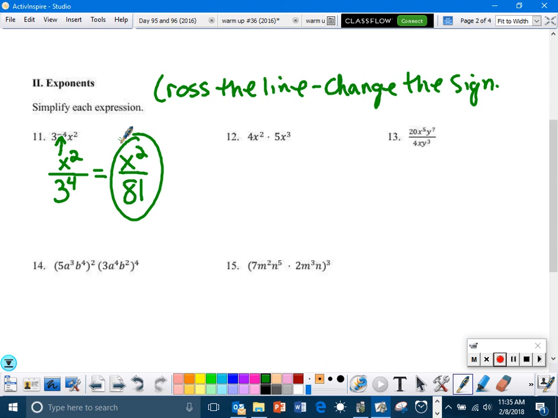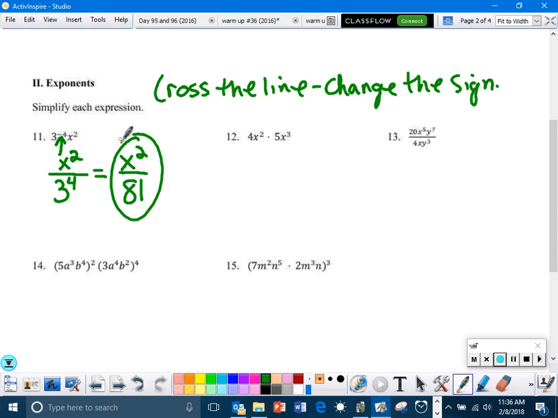That is my answer. X squared over 81. Number 12. Now remember, there are 3 rules to exponents. If it's not an exponent, do not apply the rules to those numbers. Only apply the rules to the exponents. So like the 4 and the 5, those are not exponents.